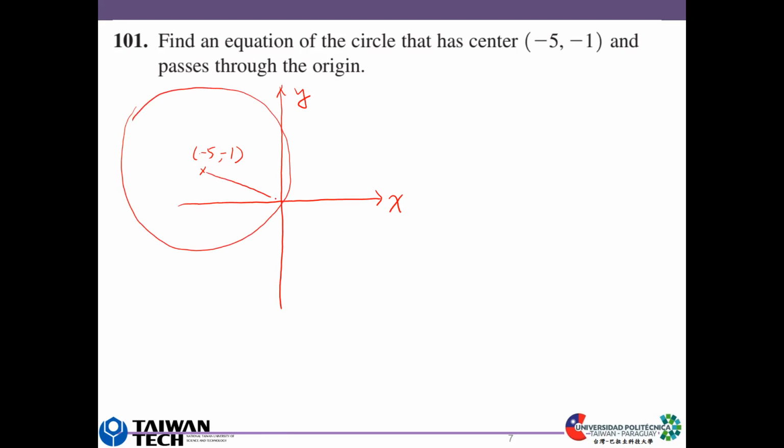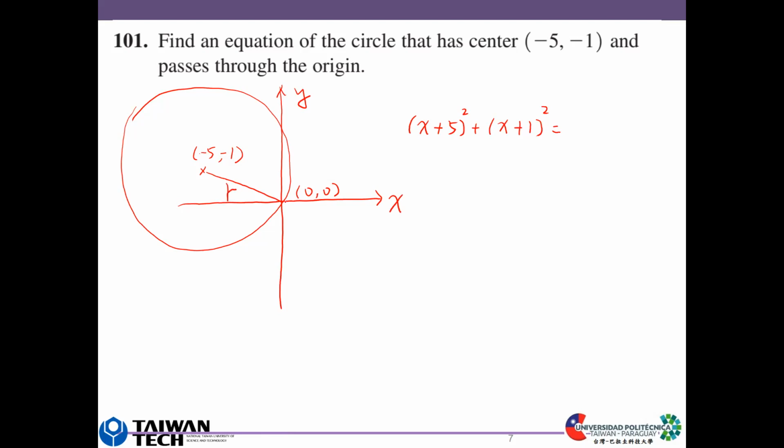And you can find the radius. This is (0, 0). The equation for a circle is (x + 5) squared, because the center is -5, plus (y + 1) squared equals r squared.